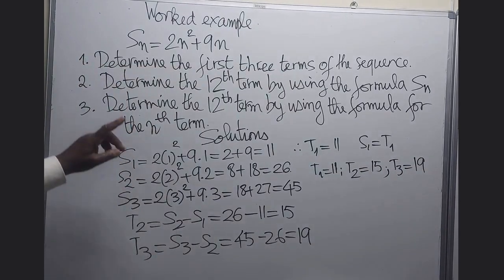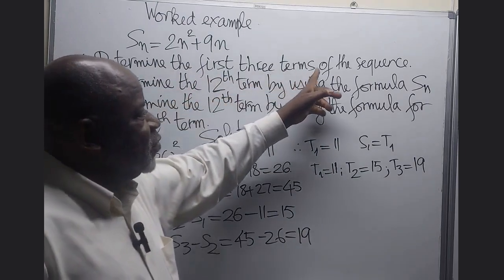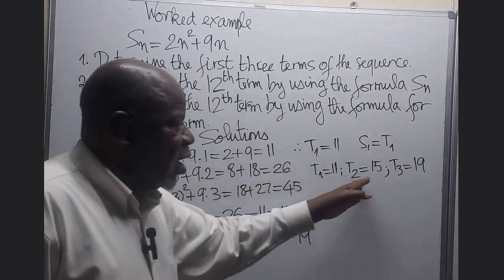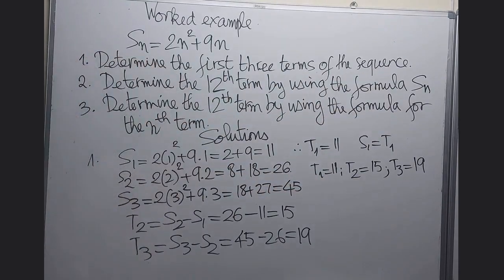This was the first question. Determine the first three terms of the sequence. Here are our first three terms. Now we're going to go to question number 2. I'm going to clean the board so that we can have some space for question number 2.